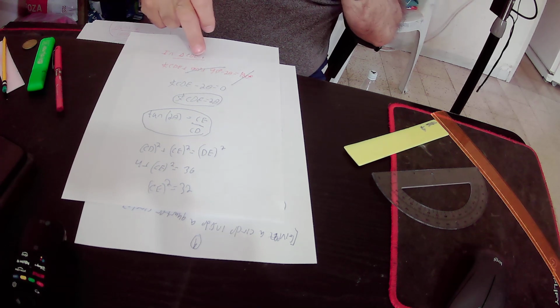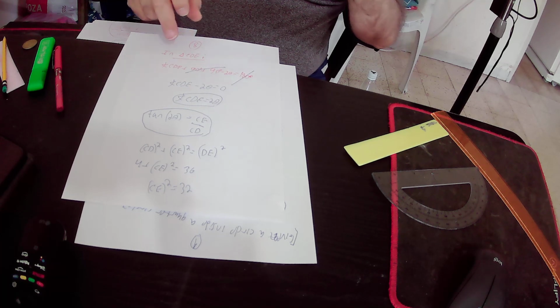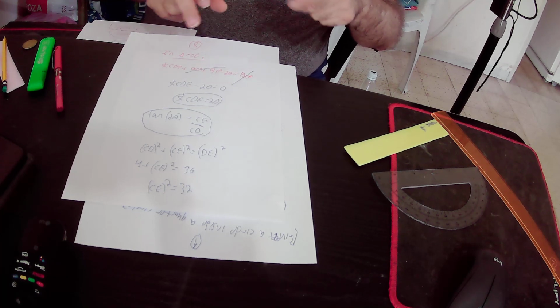Angle CDE plus 90 degrees plus the third angle that equals 90 degrees minus 2 theta in total must equal 180 degrees.